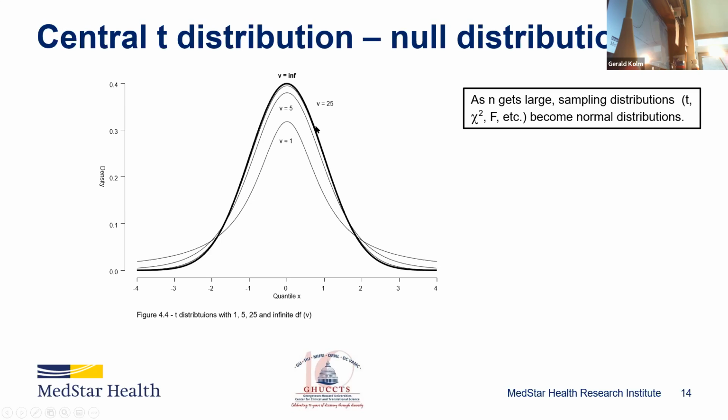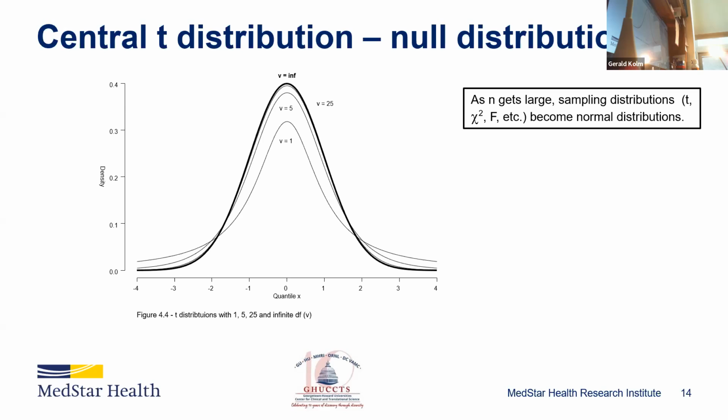A t-distribution with a smaller number of subjects or patients is symmetrical. It's thicker in the tails, or in the two sides here, than the normal distribution. But basically, as you increase sample size, it becomes a normal distribution.